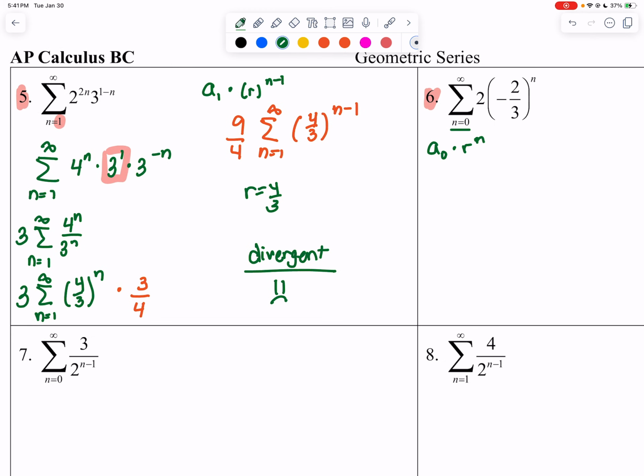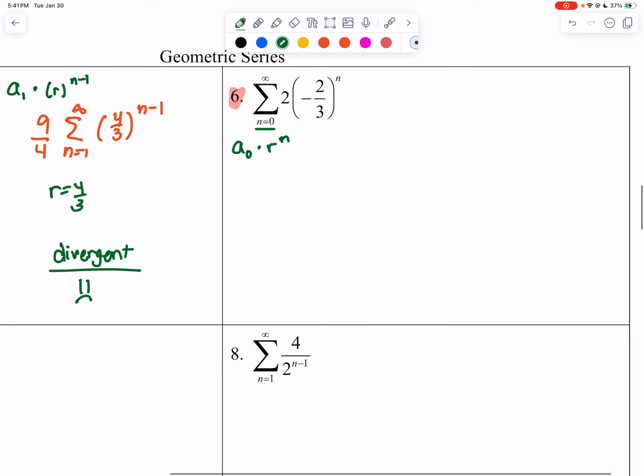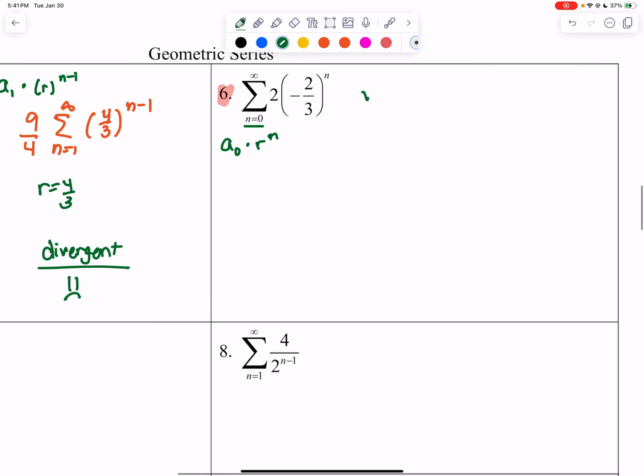For number 6, notice how here my numbers match up. This is a 0 and this is a 0. Since the absolute value of my ratio is between 0 and 1, we know that works. So now we just have to figure out what my formula is. My formula is going to be the first term. And whenever I'm talking about the first term, it's not necessarily the first term, but whatever you're starting out with.